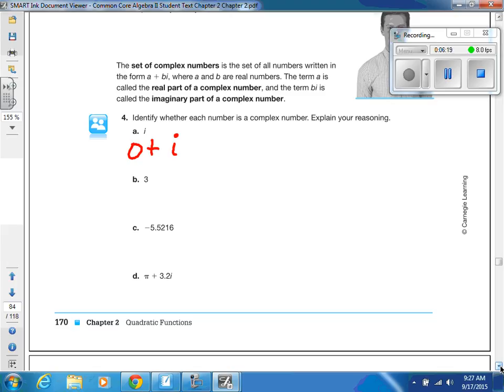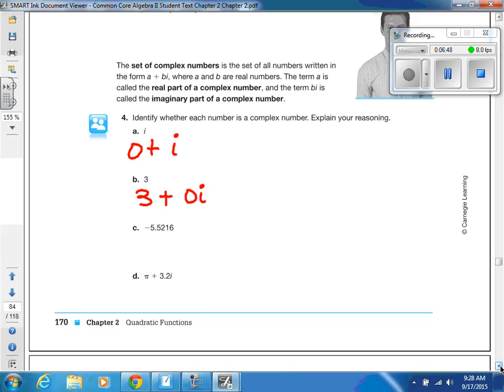Is this a complex number? Is it a complex number? Yeah, it's a complex number. Because I can write it 3 plus 0 times i. So, yeah, it's a complex number.